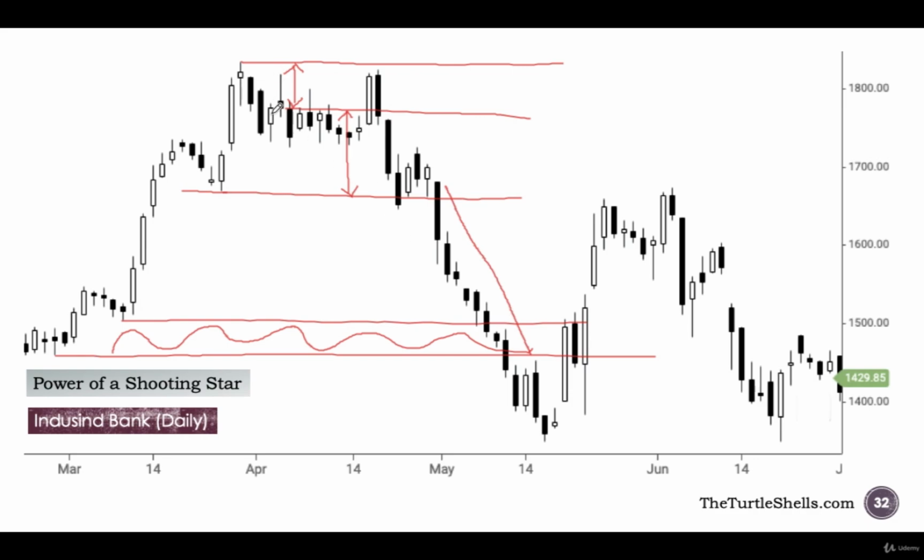So the shooting star gave us an early warning of this downfall to come. Moreover, the shooting star resistance was confirmed. As we discussed, there was one resistance line here, another here, somewhere here. When the price entered that zone, it came back down, because we know that in that zone, the bears are watching the market. The bears are not allowing the price to cross that zone.